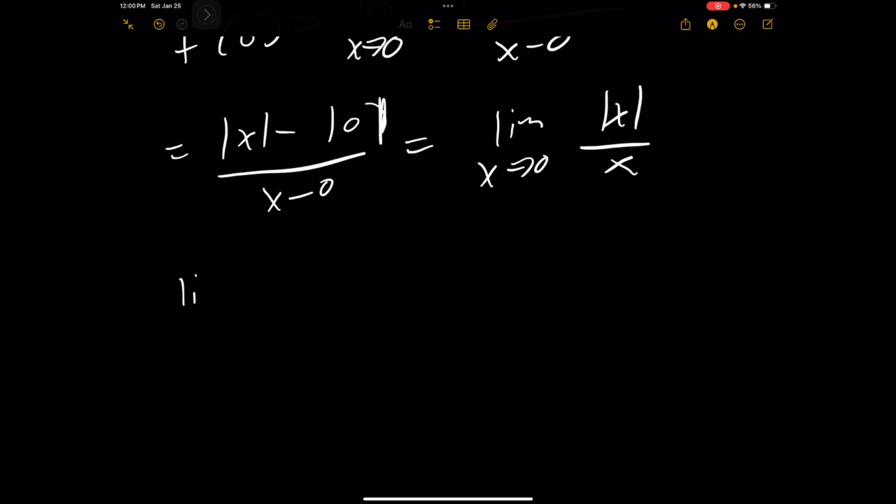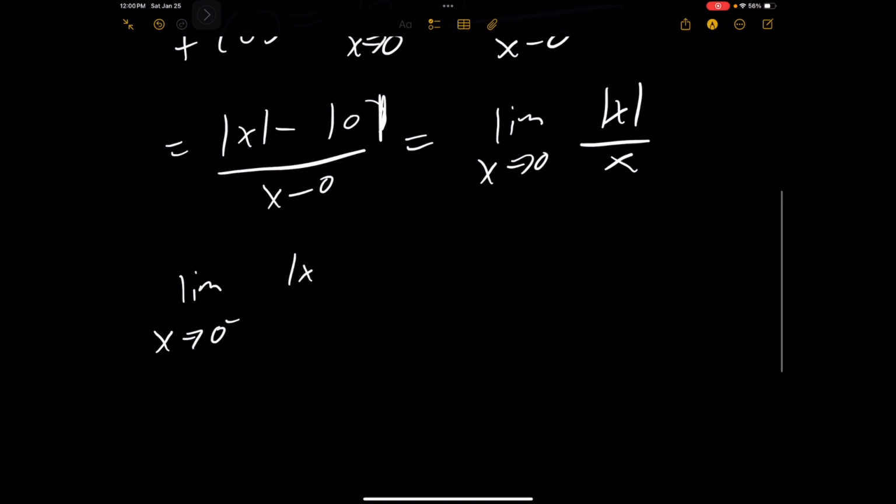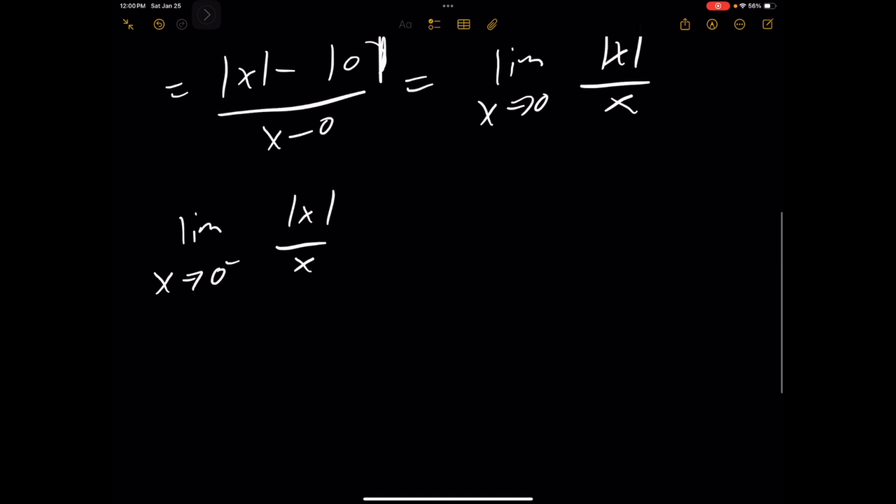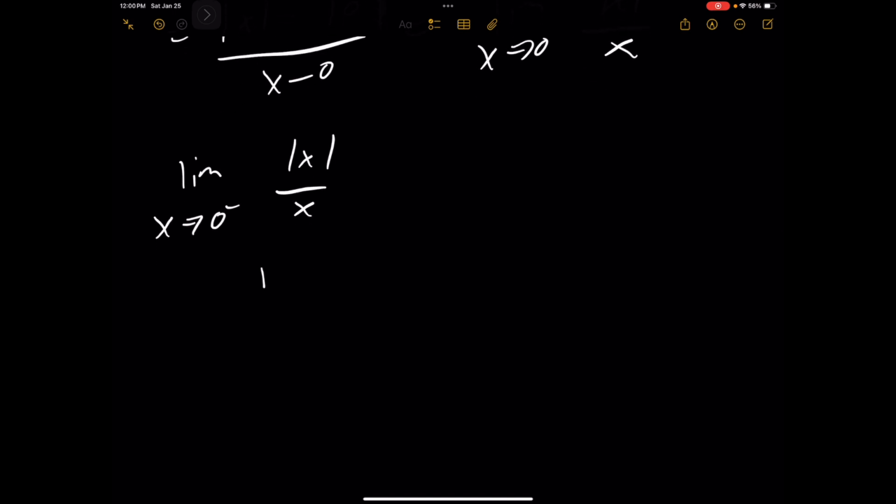Let's look at the limit as x approaches 0 from the negative side of the absolute value of x over x. If I plug in some points from the negative side, like negative 0.1 over 0.1, negative 0.01 over 0.01, I get something like this: the absolute value of negative 0.01 over negative 0.01.